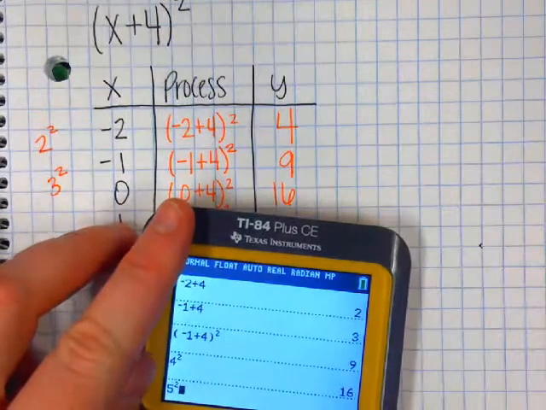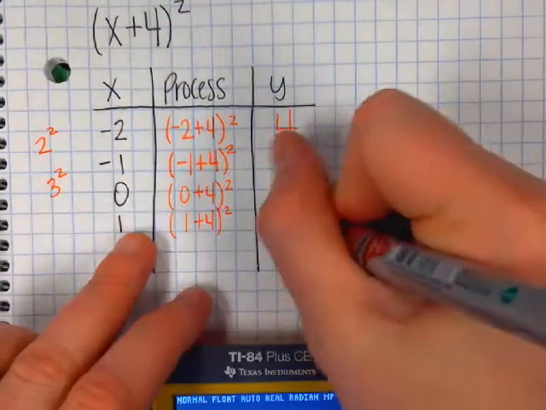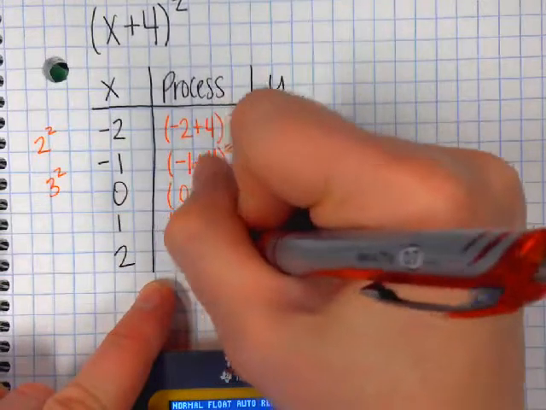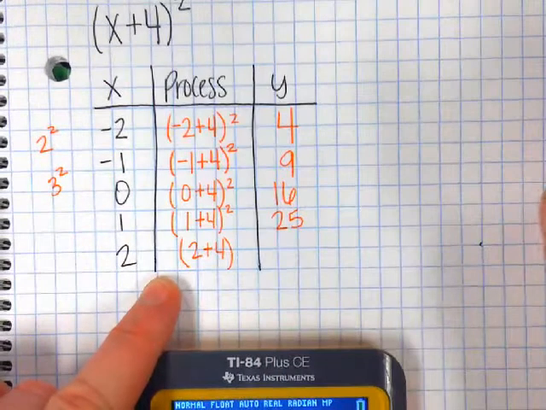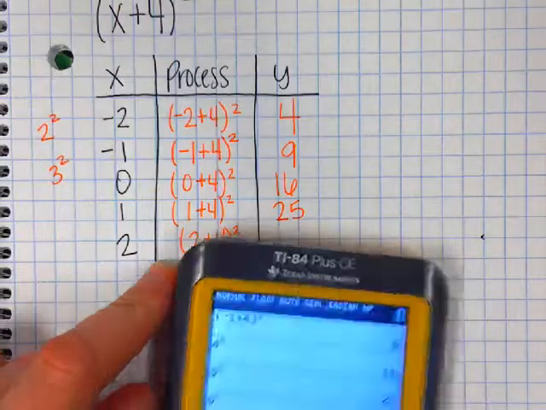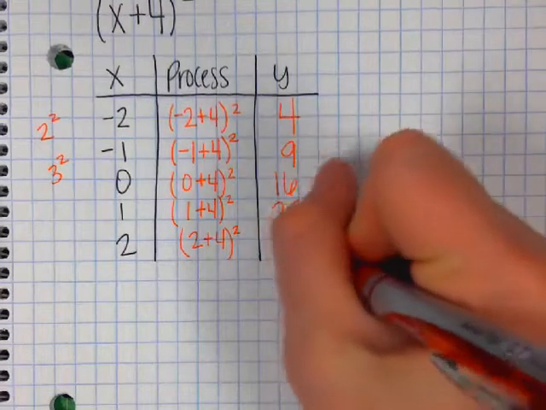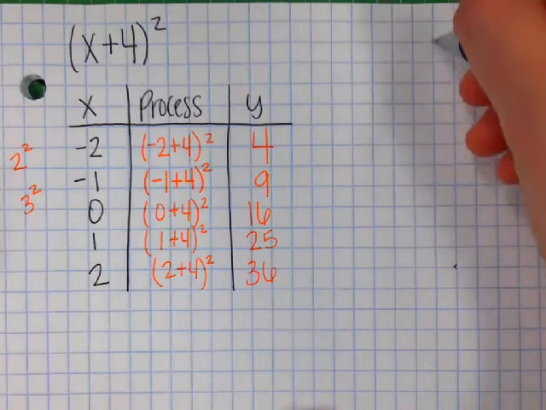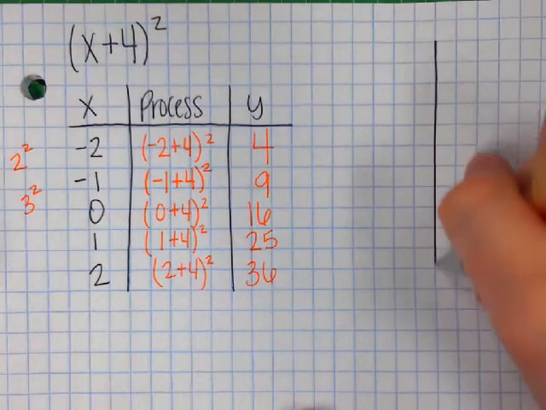Okay, 1 plus 4 is 5. 5 squared is 25. 2 plus 4 is just getting bigger. 2 plus 4 is 6. 6 squared is 36.